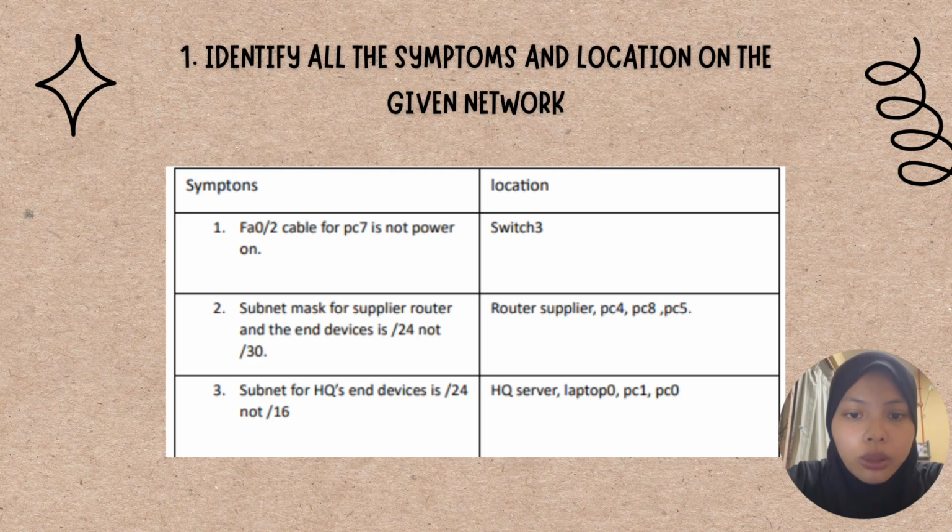The location is the supplier router, PC4, PC8 and PC5. Number 3, the subnet mask for HQ and devices is /24, not /16. The location is the HQ server, Laptop 0, PC1 and PC0.